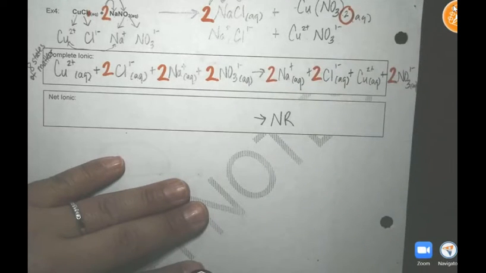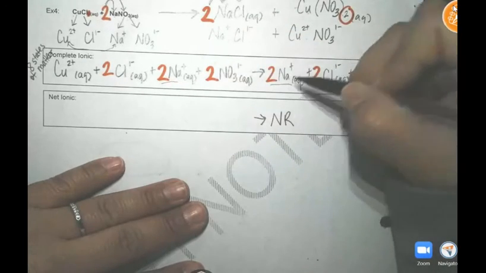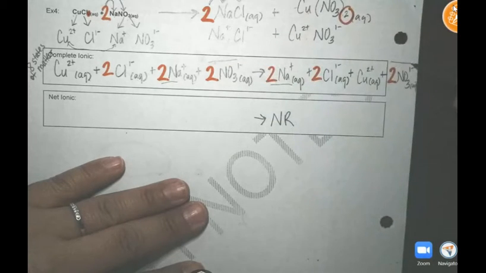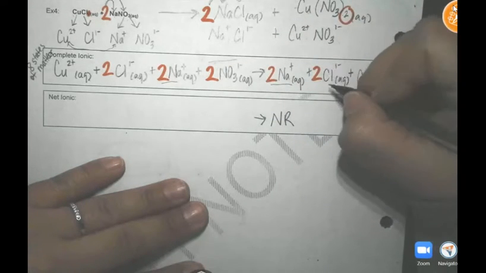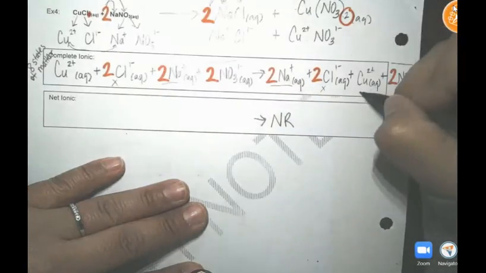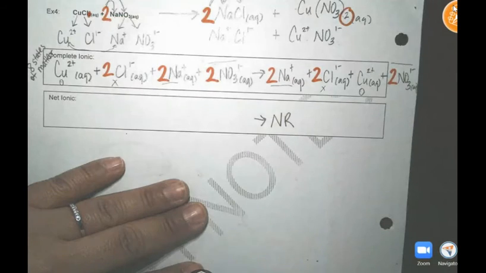But I could double check that I have the same amounts on both sides. This is the same as this, right? This is the same as this one. This one is the same as this one. This one is the same as this one. Okay? So I just use different notation so that I know that I had equal amounts.